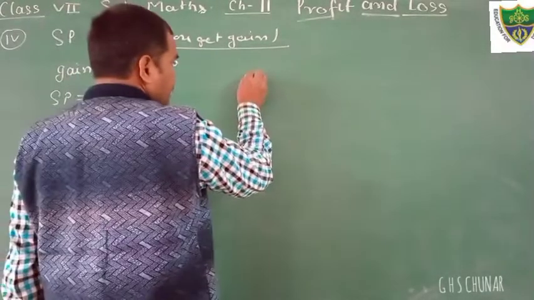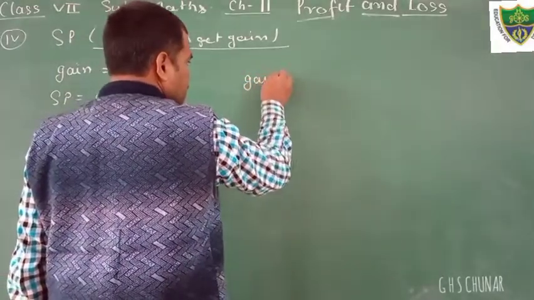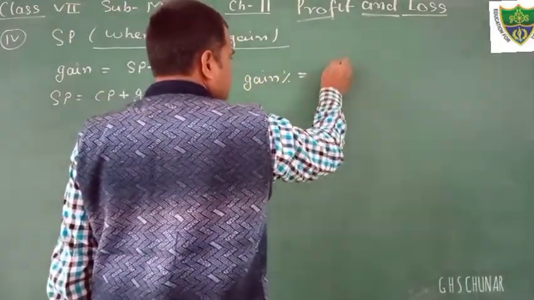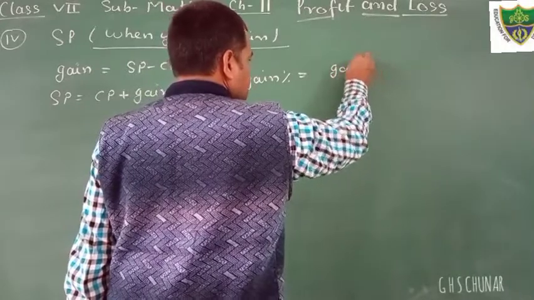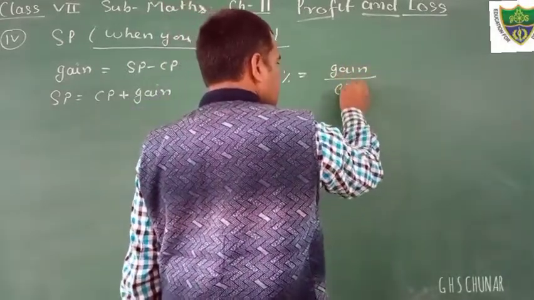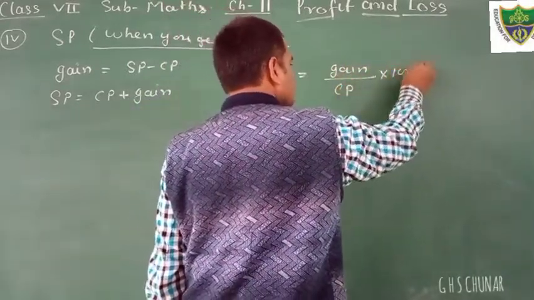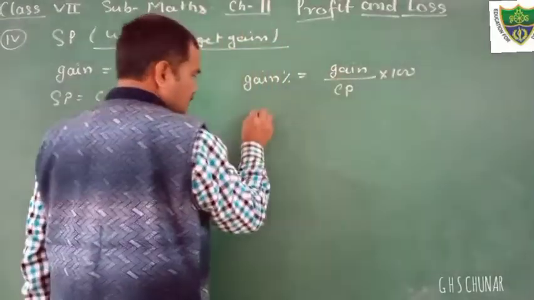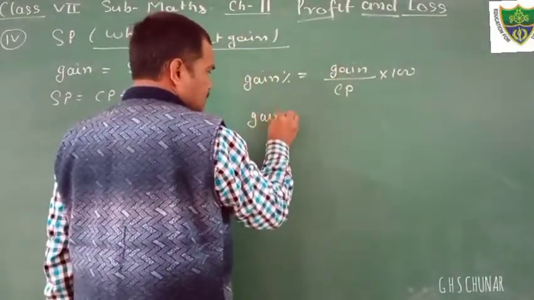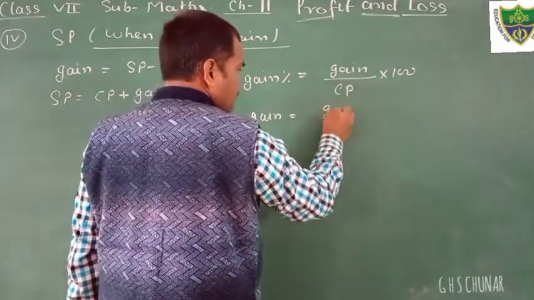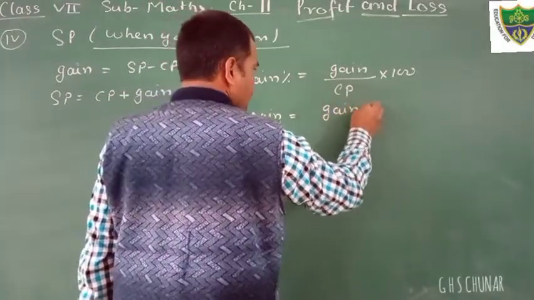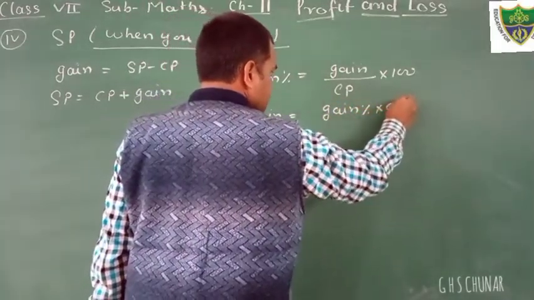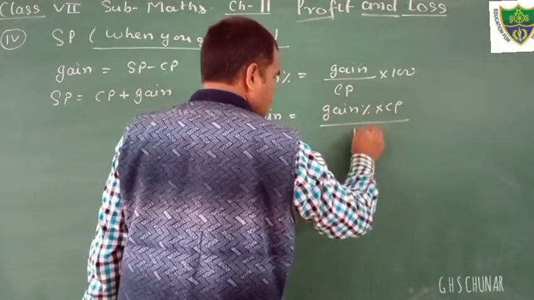And you know that gain percent is equal to gain upon CP into 100. So from here gain is equal to gain percent into CP upon 100.